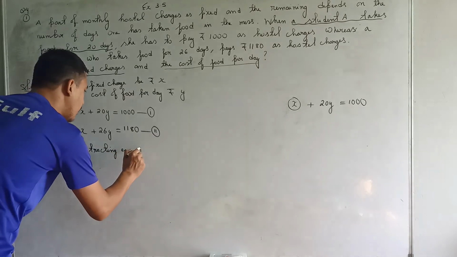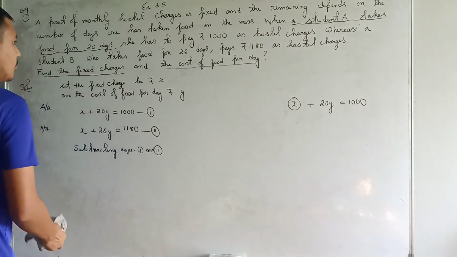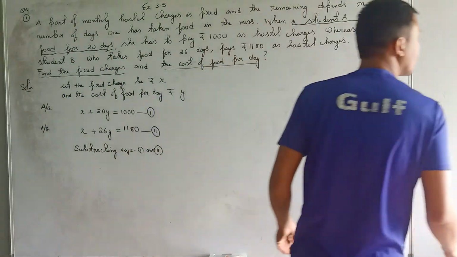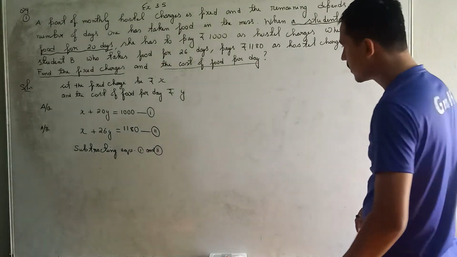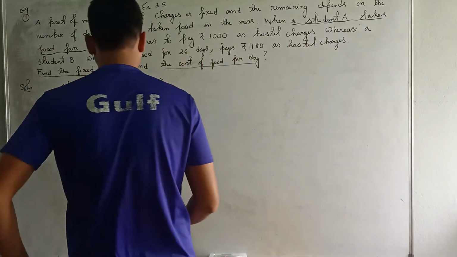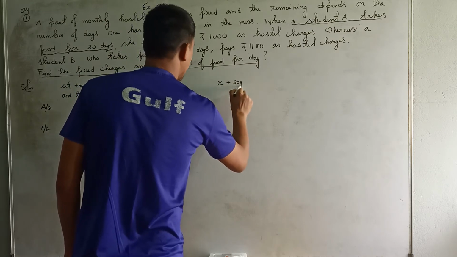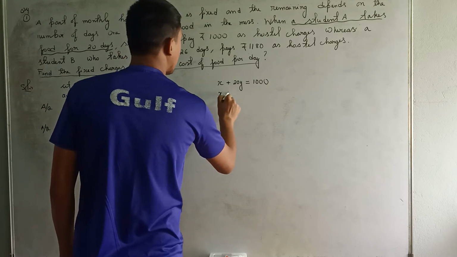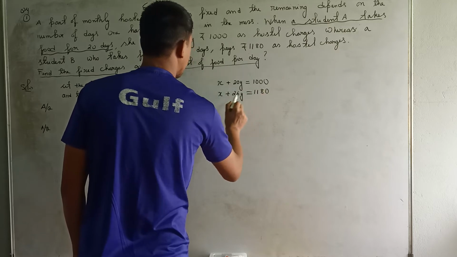So let's subtract equation 1 and 2. x plus 20y equals 1000, and x plus 26y equals 1180.